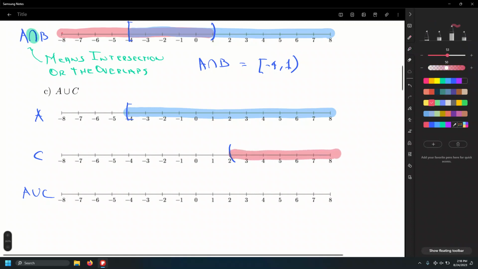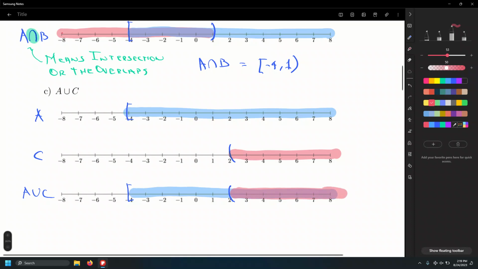All right. So now let's put them together. And we're going to look at the union, we're going to do that in a second. So here's the thing.